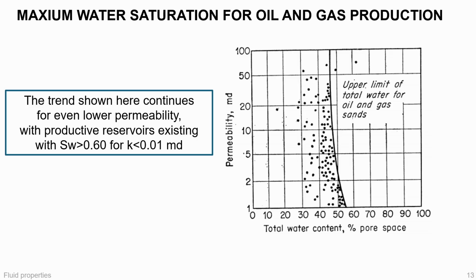In tight formations, hydrocarbon production can occur with SW values that might seem too high if you only think in simplified terms. The key lesson: producibility depends on permeability, relative permeability, and saturation, not saturation alone.